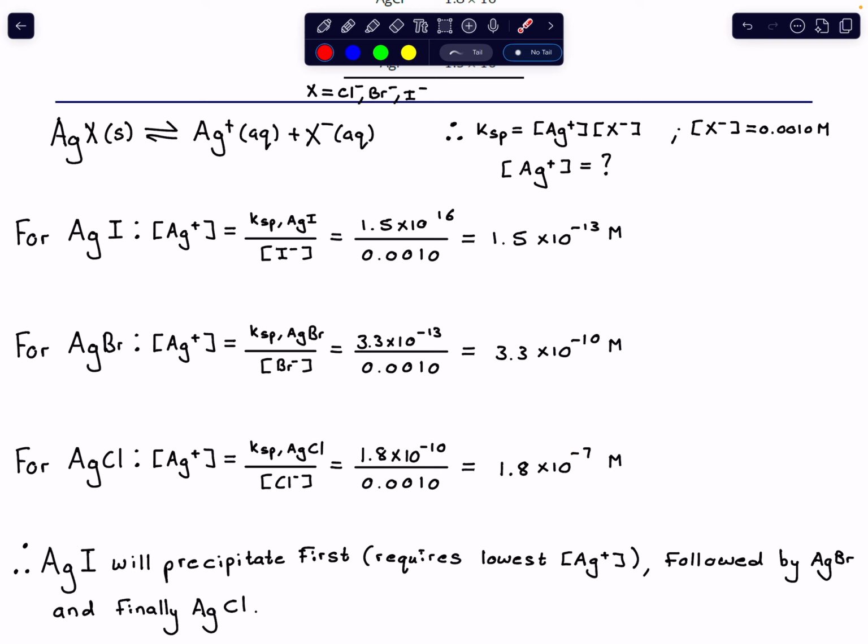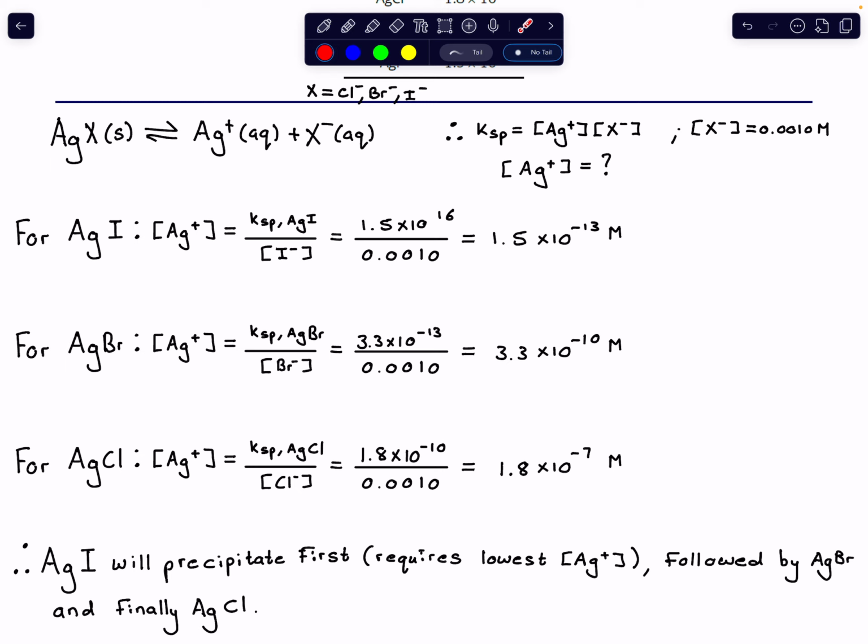And now that you've calculated that, what we see is that the salt that needs the lowest concentration of silver plus is silver iodide. The salt that needs the second lowest concentration of silver plus is silver bromide. And the salt that needs the highest concentration of silver to precipitate is silver chloride.